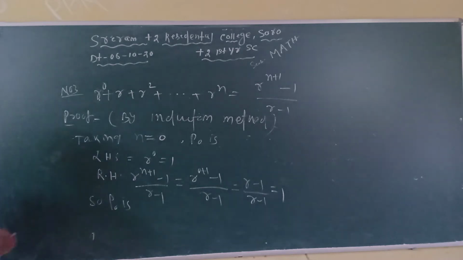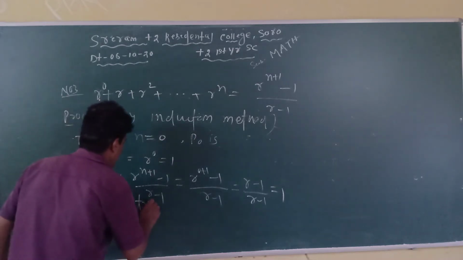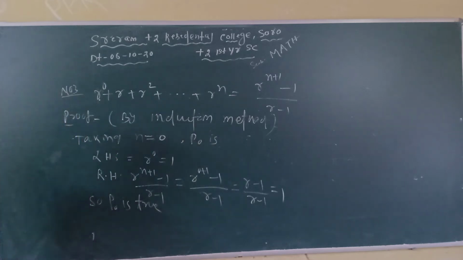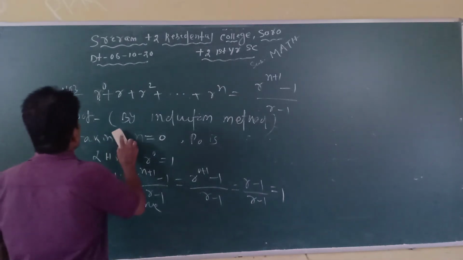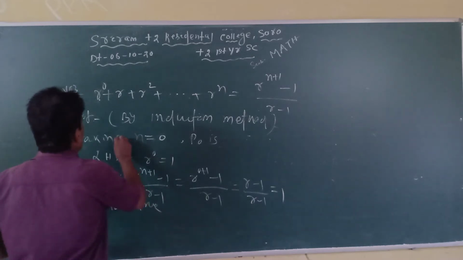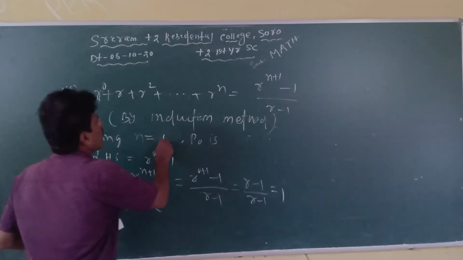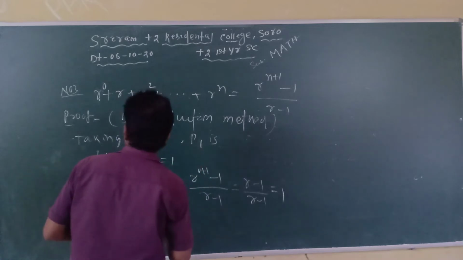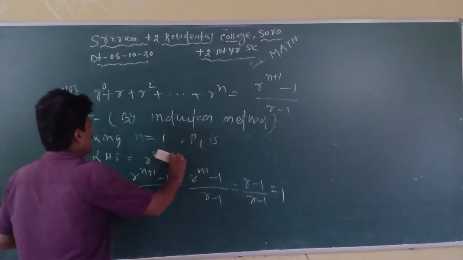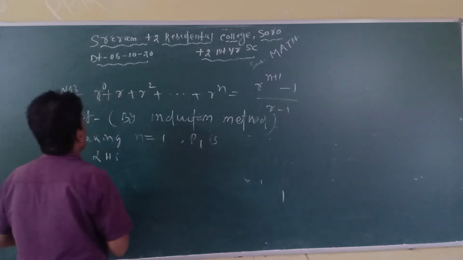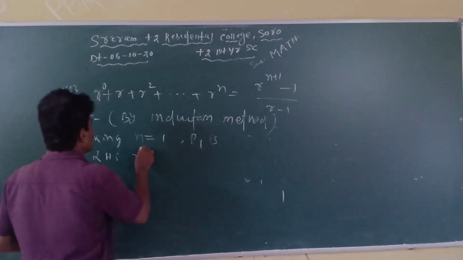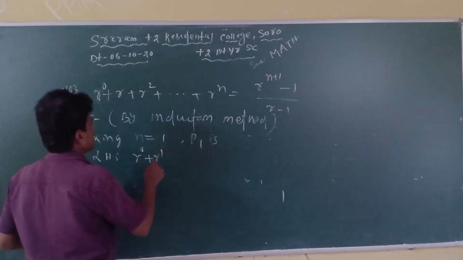So P0 is true. Next, put n equal to 1. Taking n equal to 1, P1: LHS is r to the power 0 plus r to the power 1.